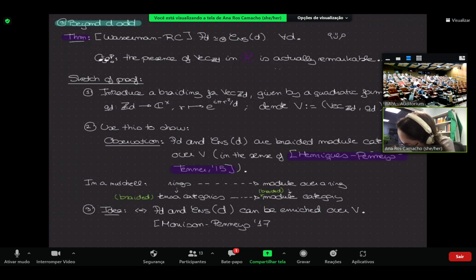And actually, this was also generalized, to extend it, by Corey Jones, Scott Morrison, Dave Penneys, and Julia Plavnik. But we only need this.